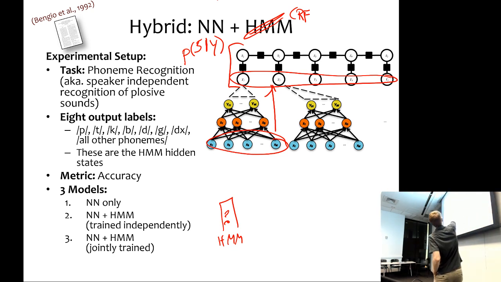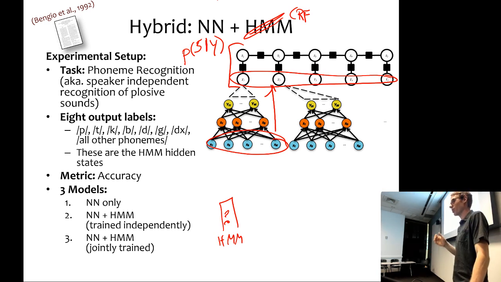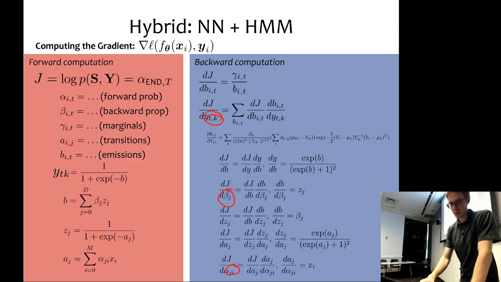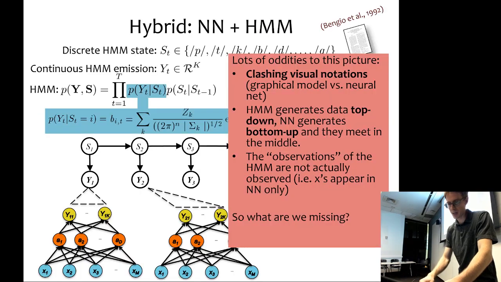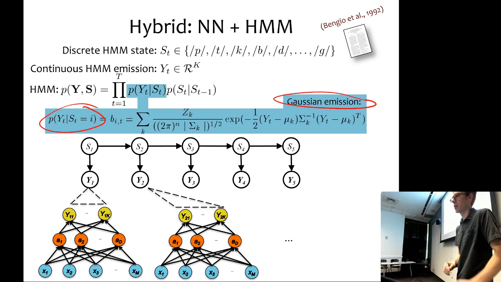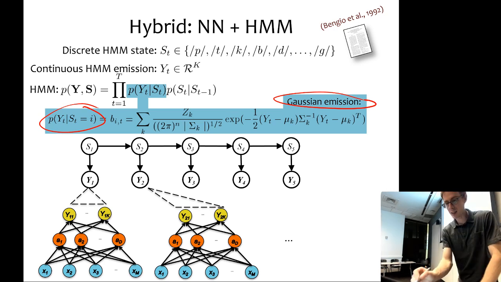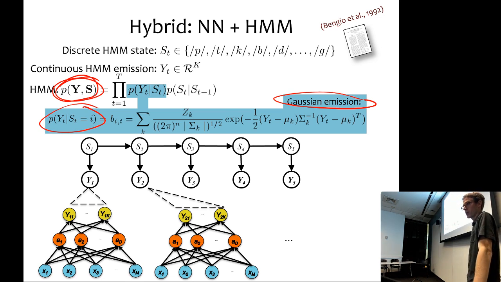And then the actual graphical model is just giving you a conditional distribution over S given Y. As it happens, an HMM actually gives you a joint distribution over S and Y. And that's why in the actual definition of the HMM, we needed to say that the emission distribution was Gaussian, because at the end of the day, technically we're getting a joint distribution over Y and S. But Y is essentially just a deterministic function of our true input X.